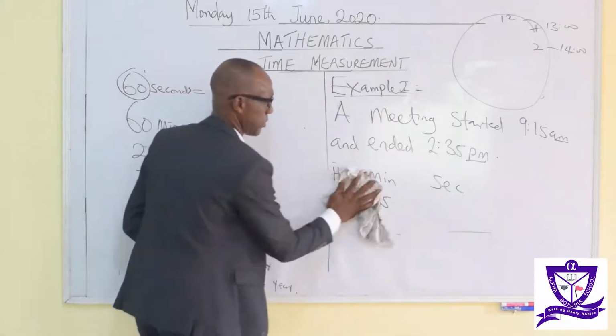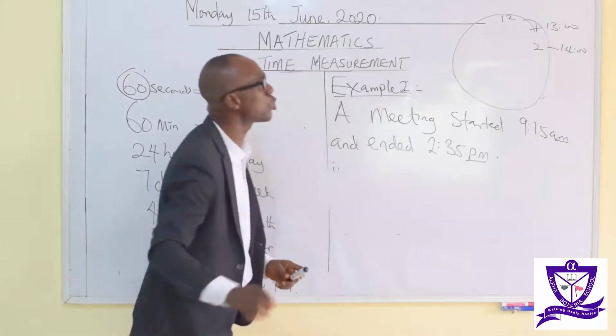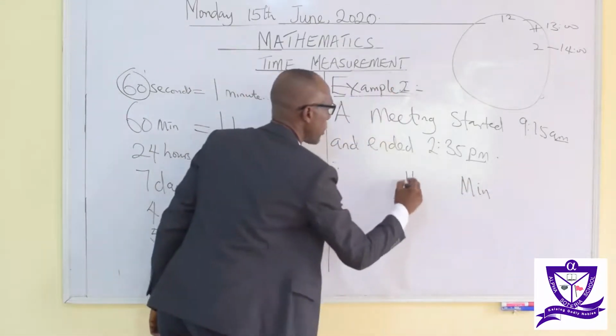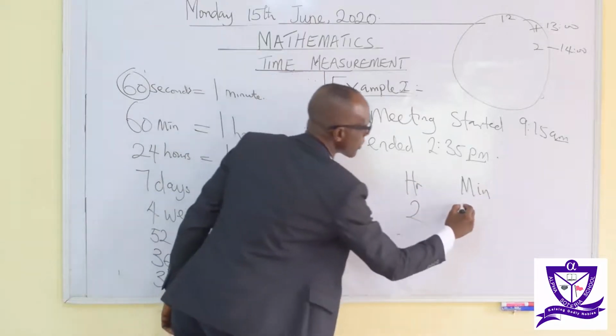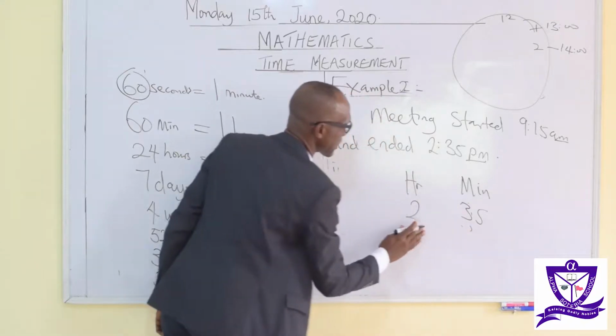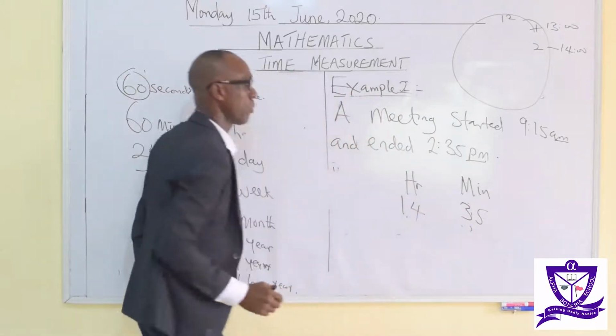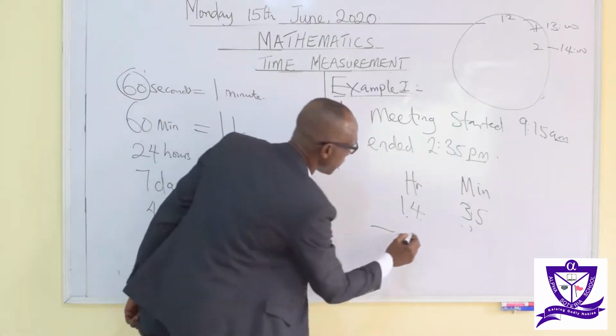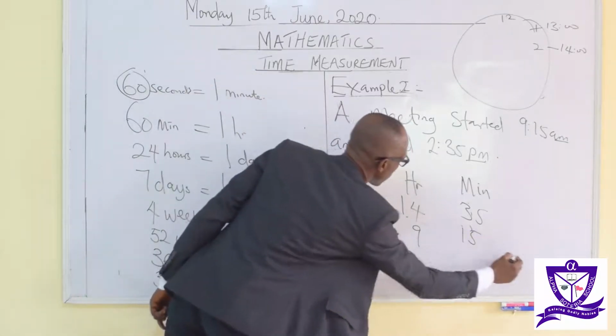Let me write it. This 2 o'clock becomes 14:35, in hours and minutes. You are taking away the time the meeting started, which is 9:15.